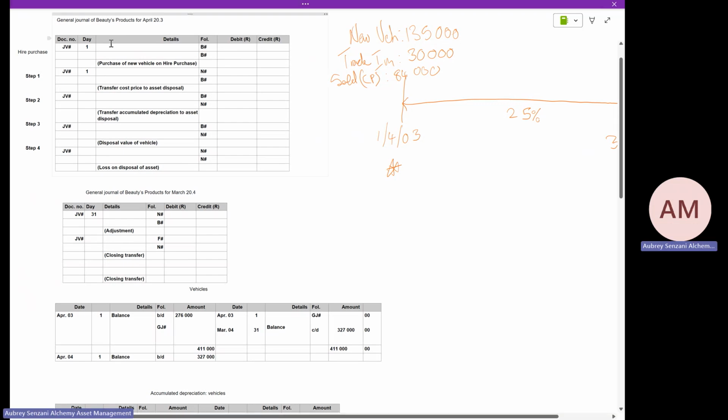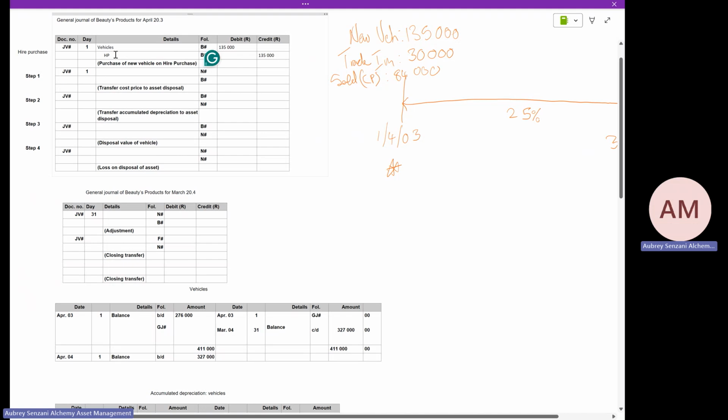So first things first, vehicles is increasing, so we're debiting that. It's an asset. Vehicles, and that was for 135,000. And here, copy, paste, 135,000. And this was a hire purchase.